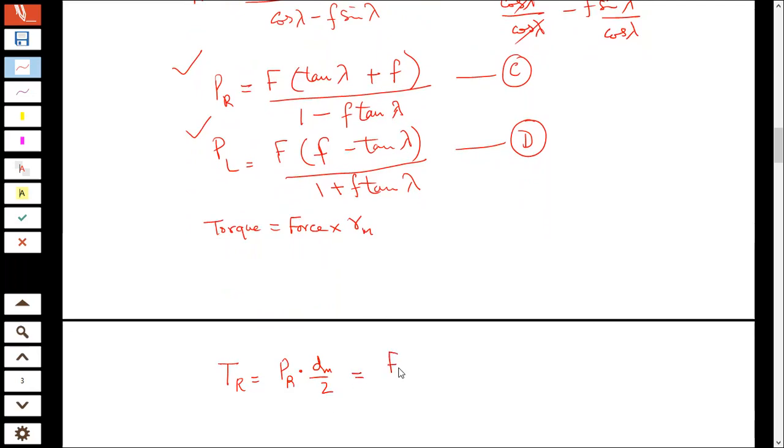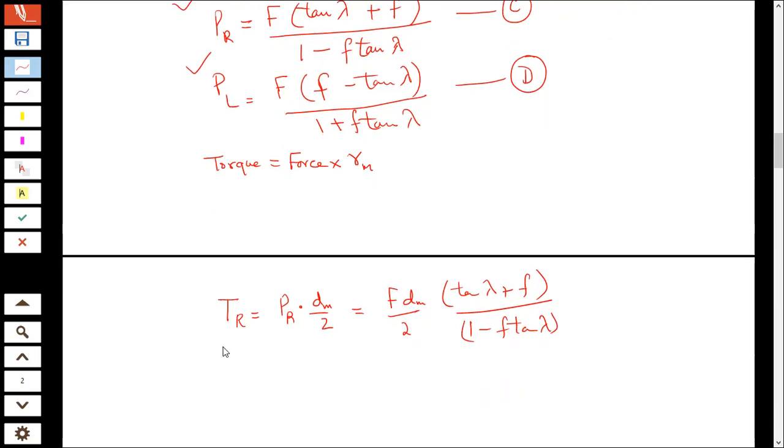So that is F dm by 2, times the tangent of lambda plus f over 1 minus f tangent of lambda.